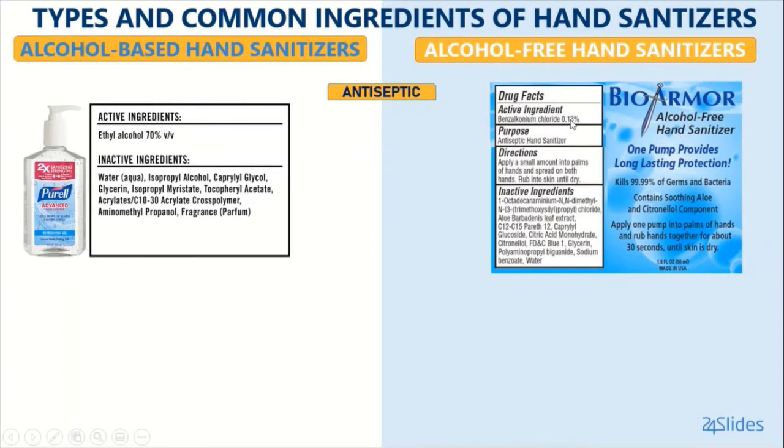While for benzalkonium chloride, on my right, a small concentration of 0.13% is needed. Although it is a small amount, it is sufficient to exert antimicrobial activity. This explains why alcohol tends to cause skin irritation problems, as it is used at a higher concentration. But this problem can be solved by adding certain excipients.